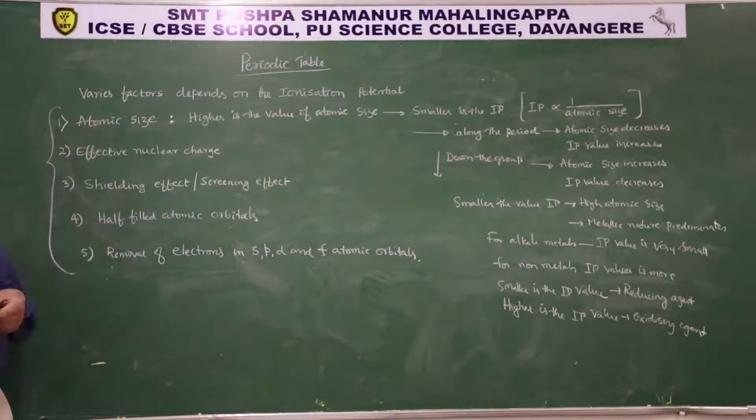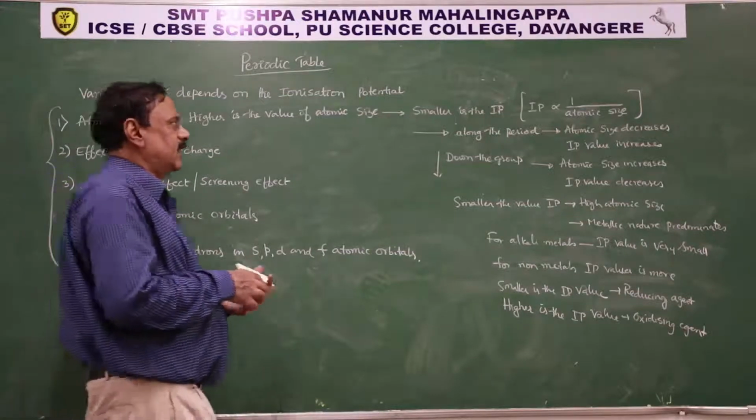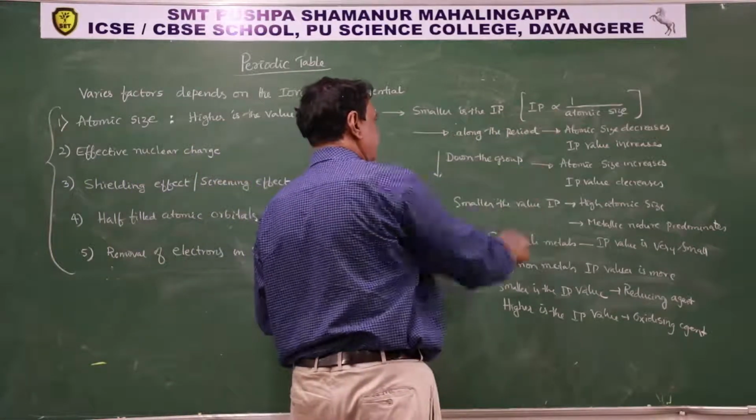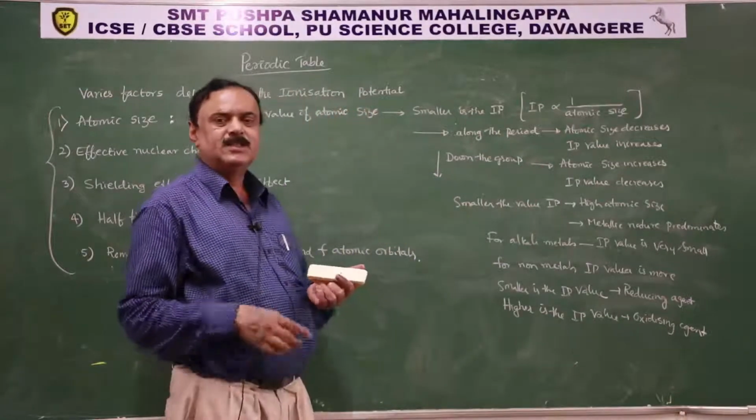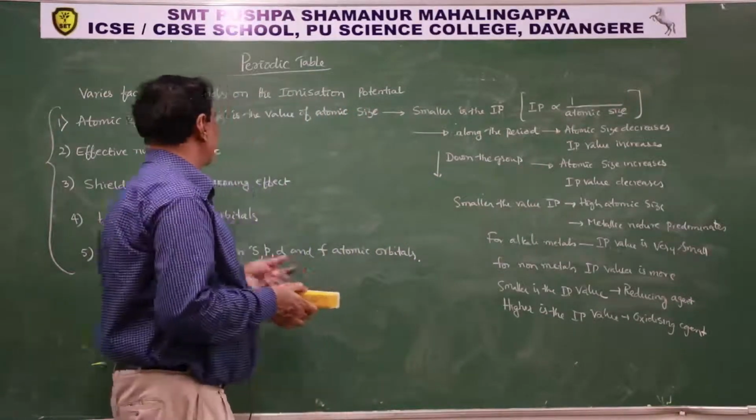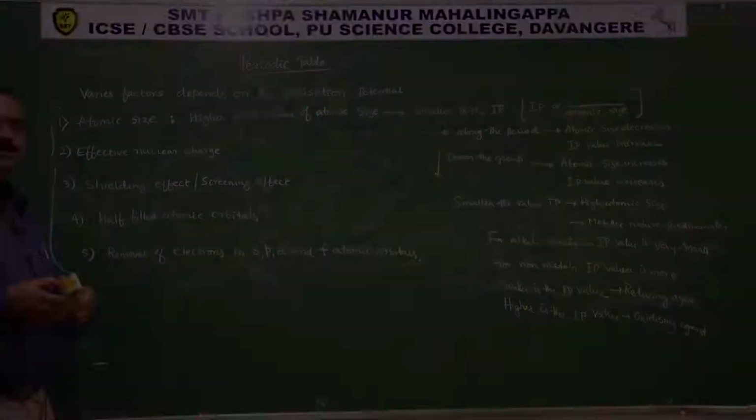The concept is, the higher the value of the atomic size, the smaller is the ionization potential. Next one is effective nuclear charge.